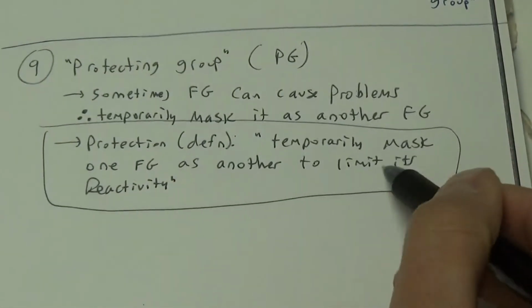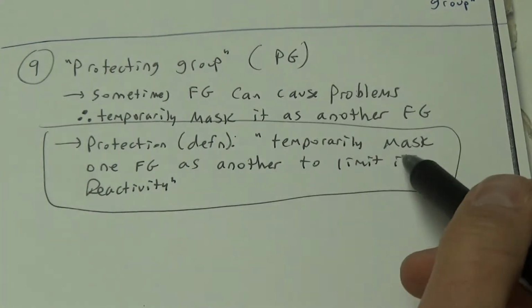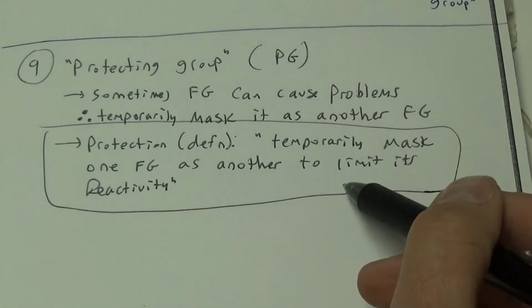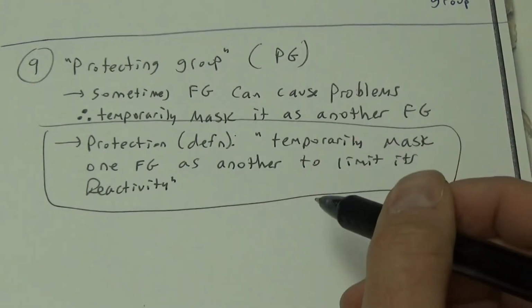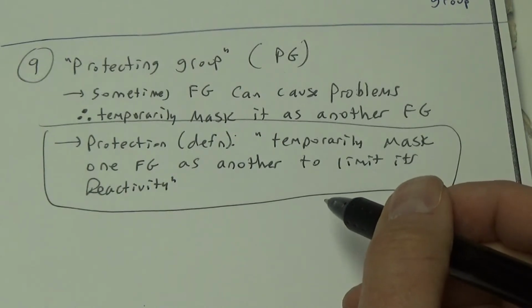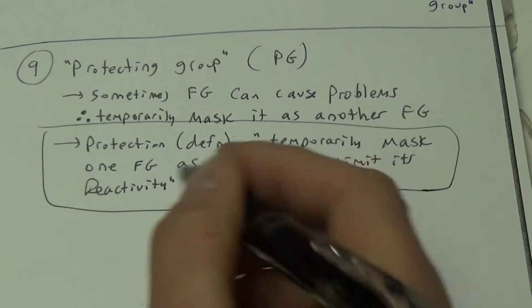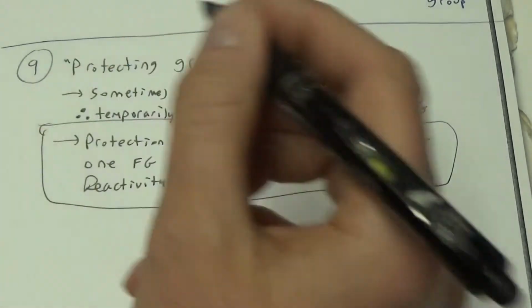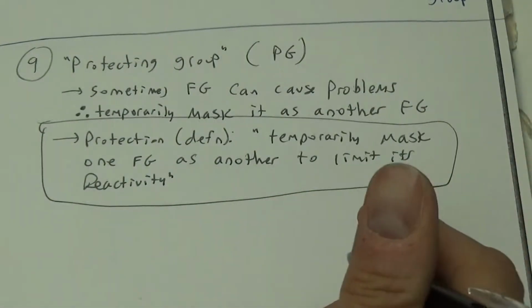Temporarily mask one functional group as another, or disguise it, or whatever you want to call it, to limit its reactivity. So here is an example of first we're going to show kind of a failed synthesis, and then we're going to fix it.